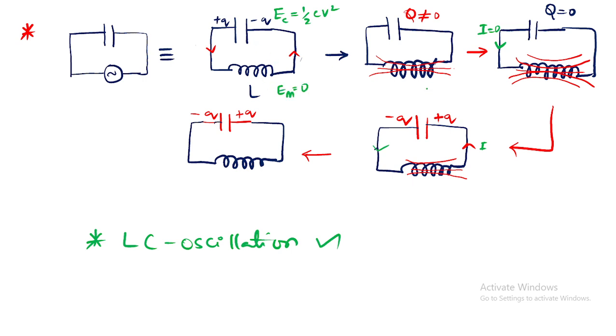In this situation magnetic energy is not at all 0, it is somewhat there inside this. What is the magnetic energy formula? E magnetic energy is equal to half into Li square, I can write it. Here also some electrical energy is there, which is EC equal to half into CV square. Can I write it like that? Yes or no? Right?